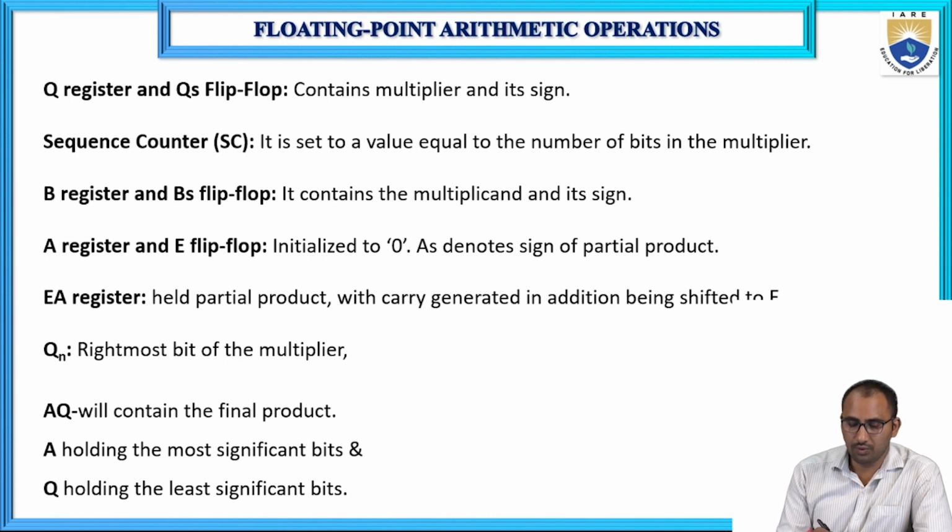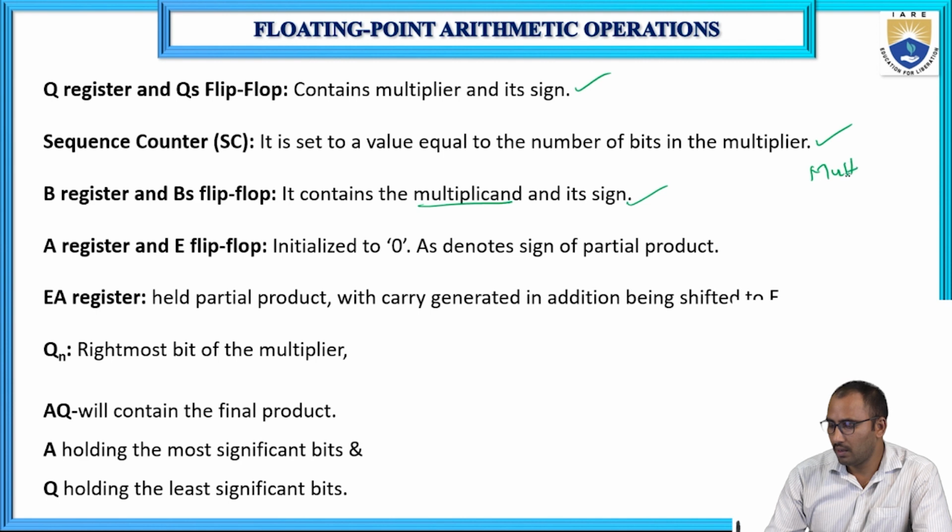So here we are using different hardware. The Q register and QS contain the multiplier and its sign. The sequence counter is used to set a value equal to the number of bits in the multiplier. The B register and BS flip-flop contain the multiplicand and its sign. So when you are performing multiplication, we have the multiplicand and the multiplier.